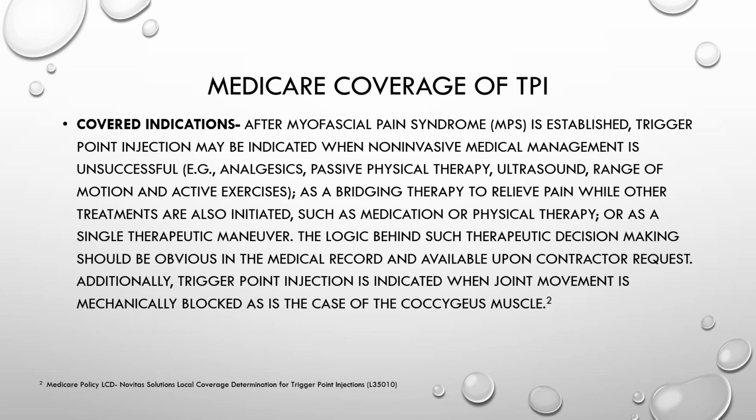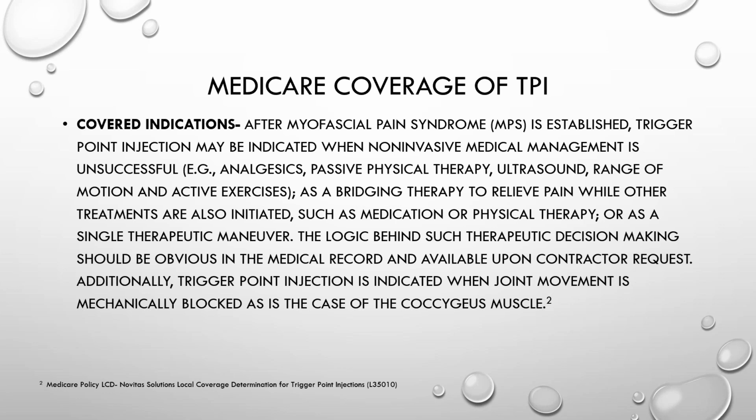And so the TPI injection is considered a bridging therapy to relieve pain while other treatments are also initiated, such as medication or physical therapy, or in the case of chiropractic, it would be the chiropractic manipulation. Or it can be used as a single therapeutic maneuver. The logic behind such therapeutic decision-making should be obvious in the medical record and available upon contractor's request.